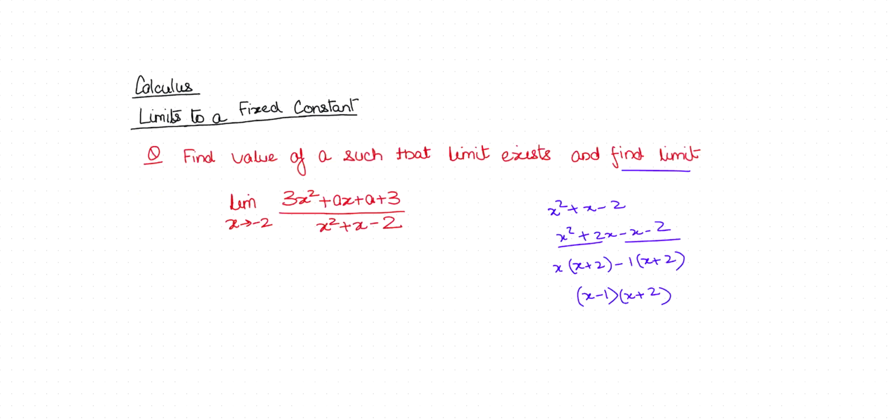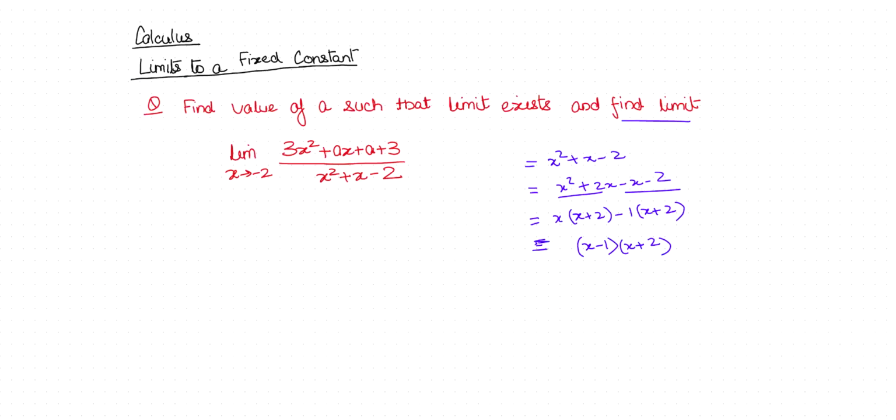These are the factors of the denominator: x minus 1 and x plus 2. If we do direct substitution with x equal to negative 2, the denominator will become 0, and anything divided by 0 is undefined, so our limit does not exist.